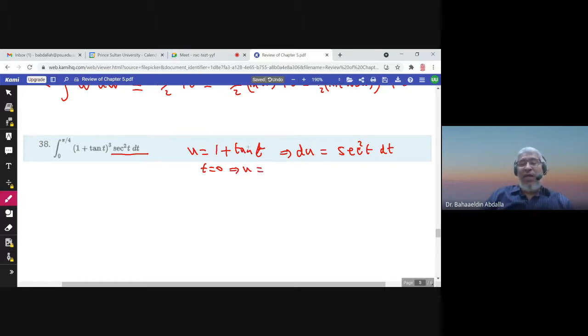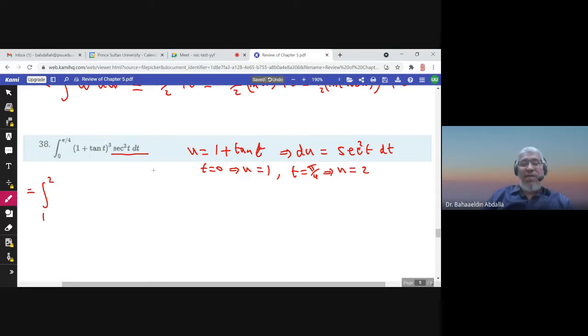At t equals 0, tan 0 is 0, so u is 1. If t is pi over 4, then u is tan pi over 4, which is 1, and 1 plus 1 is 2. So this integral would be from 1 to 2.